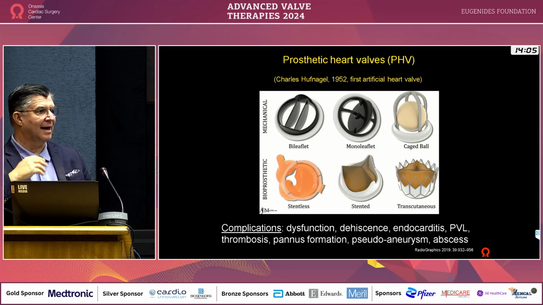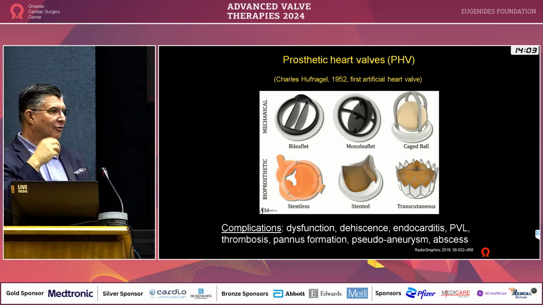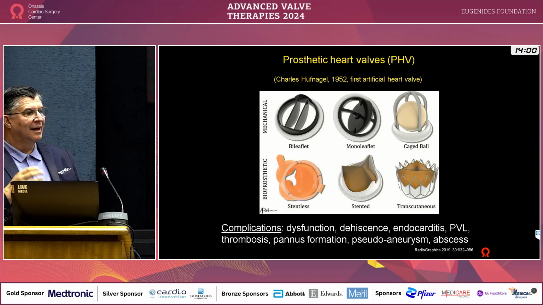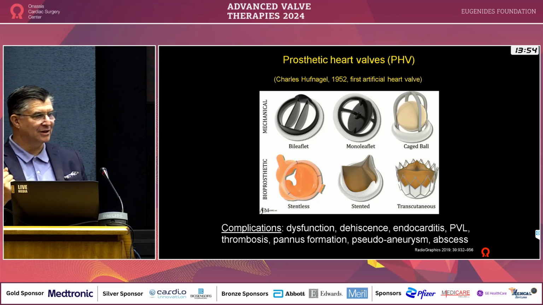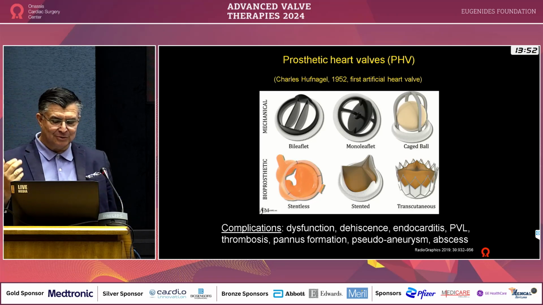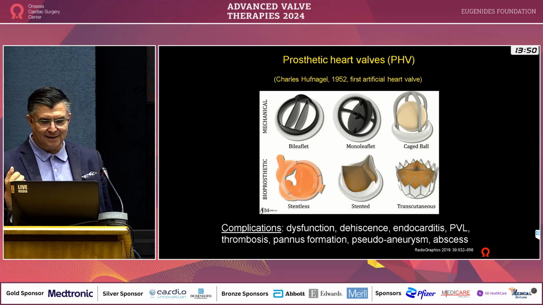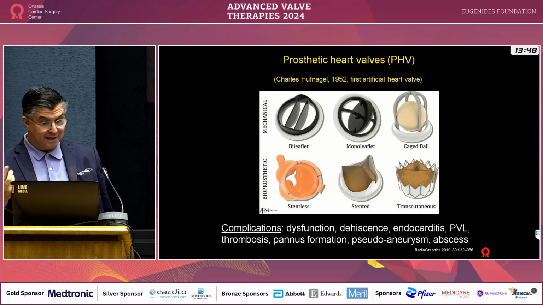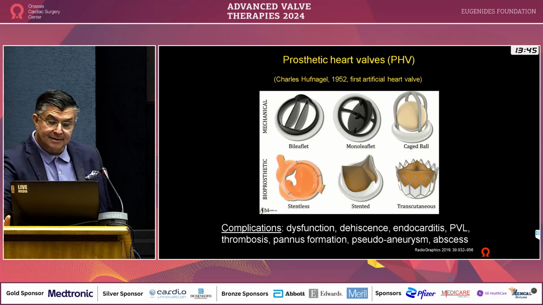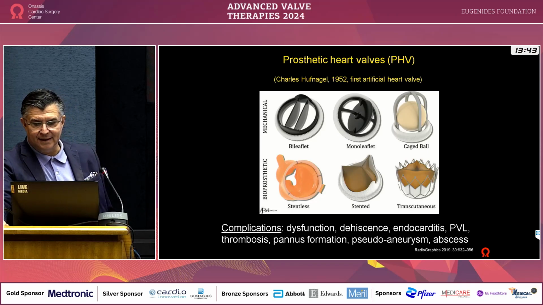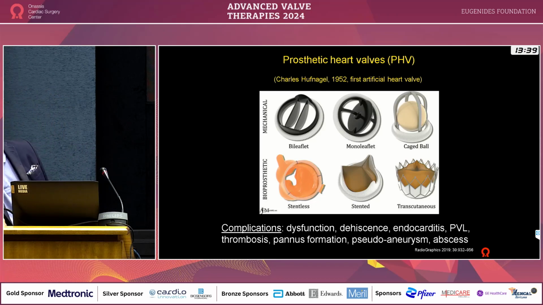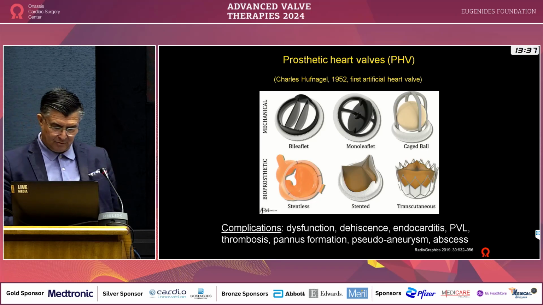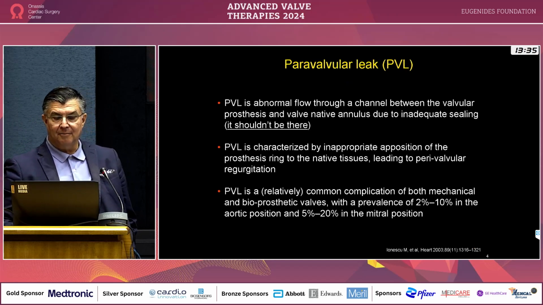One is it doesn't like mechanical or foreign bodies inside, and second, whenever there's a hole in the body, it tends to close it with fibrous tissue. Consequently, when you put a heart valve in, complications may arise: dysfunction, dehiscence, endocarditis, thrombosis, pannus formation, pseudoaneurysm, abscesses, and PVL, which is the topic of my presentation.